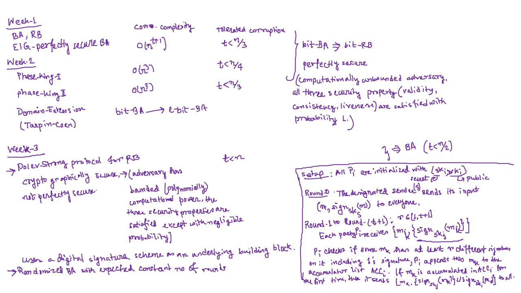If you remember, in the EIG protocol we had an EIG tree with level t+2, so it had to run the rounds or iterations t+1 times. In the phase king 1 and phase king 2 protocols also we had to iterate t+1 times. In phase king 1, each of the t+1 phases had 2 rounds.